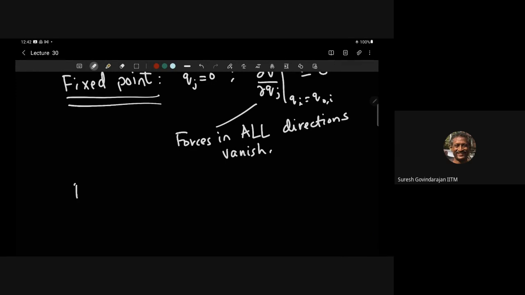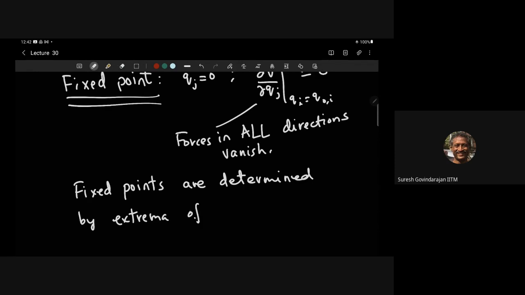So fixed points are determined by extrema. Is this clear?